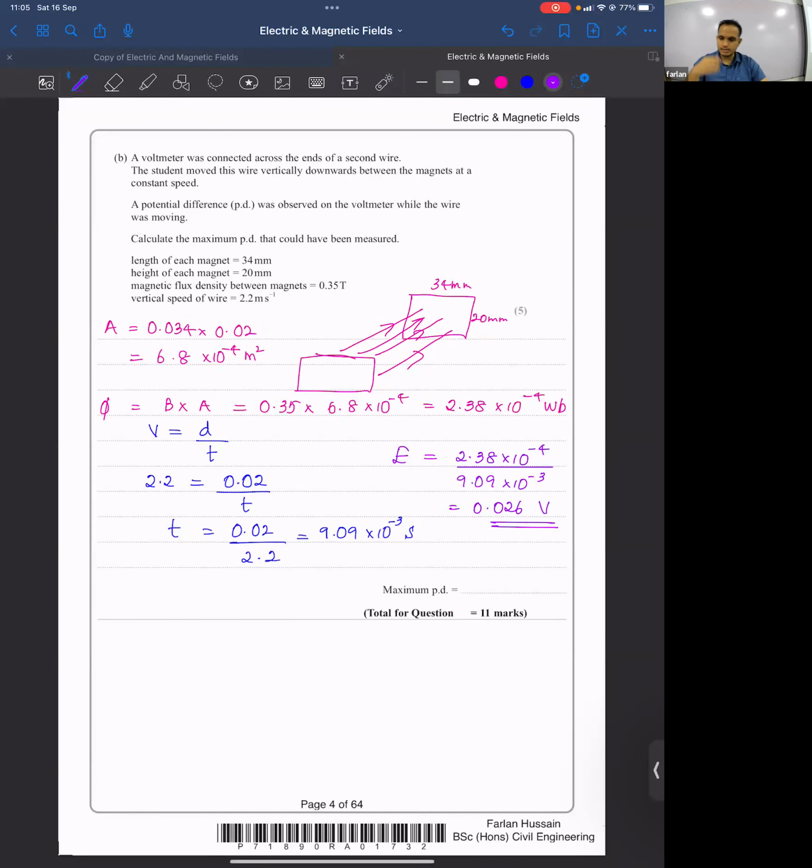Shouldn't the area be of the wires and not the magnets? It has to be the magnetic field lines between the magnets, right? So I want to know the magnetic flux in that area. So the magnetic flux in that area will be magnetic flux density multiplied by the area for which the magnetic field is there.